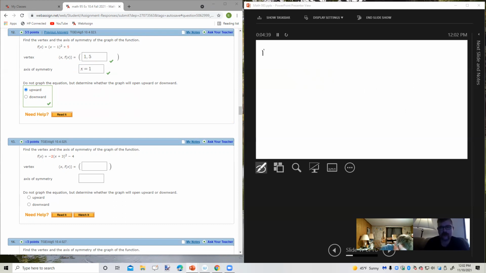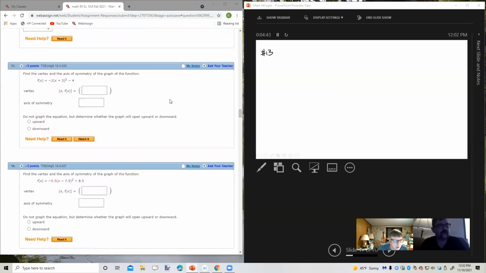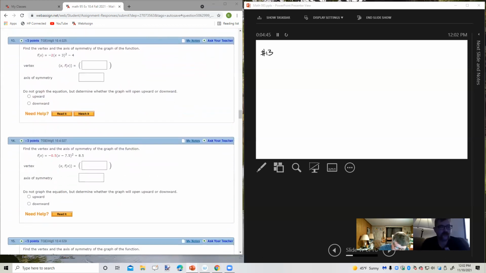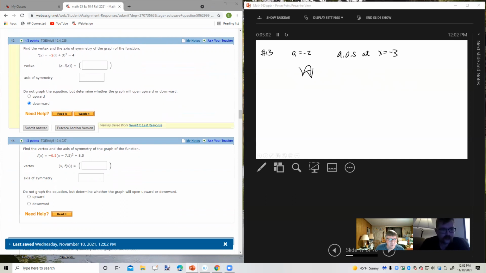All right, let's take a look at number 13. So here, a is -2, so this thing's going to open downwards. Okay. The axis of symmetry is at x equals h, which is going to be -3, the inverse of what's inside.